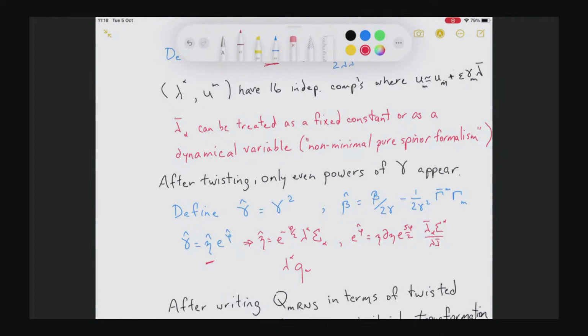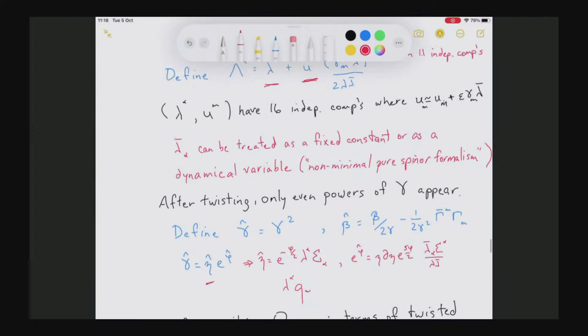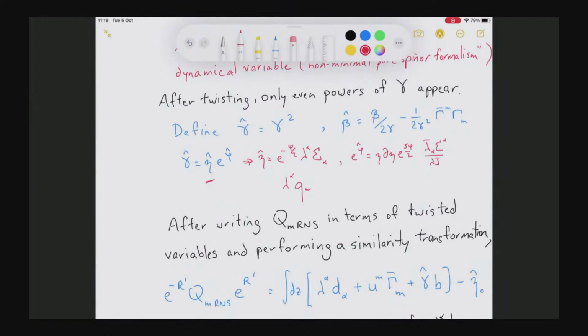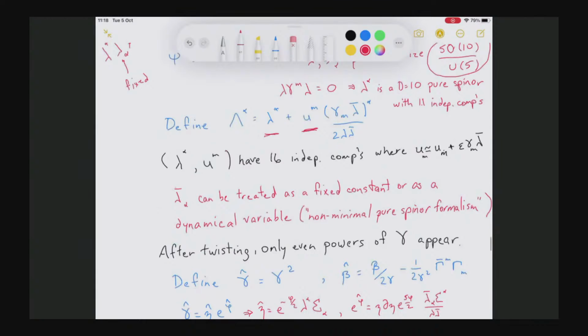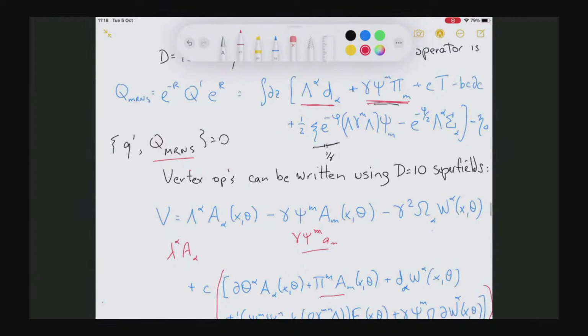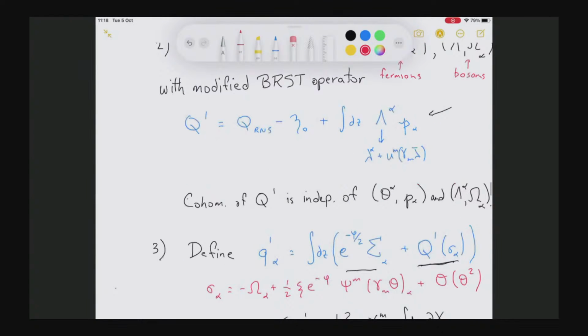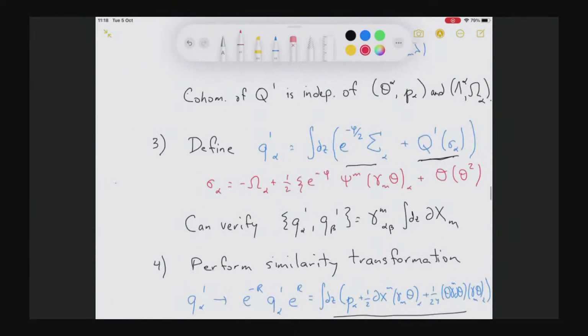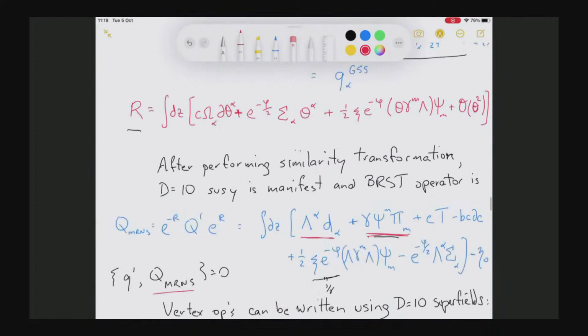And now the final step is to just write the RNS BRST operator in terms of these twisted variables. And that's going to be related to the pure spinor BRST operator, at least after performing a similarity transformation. So what you have to do is you just take the BRST operator, so here's the BRST operator.